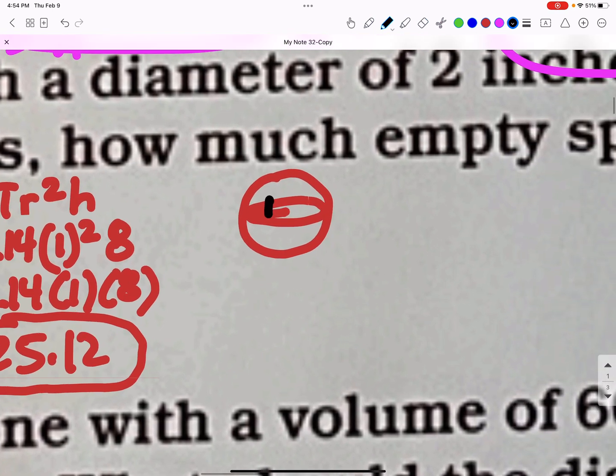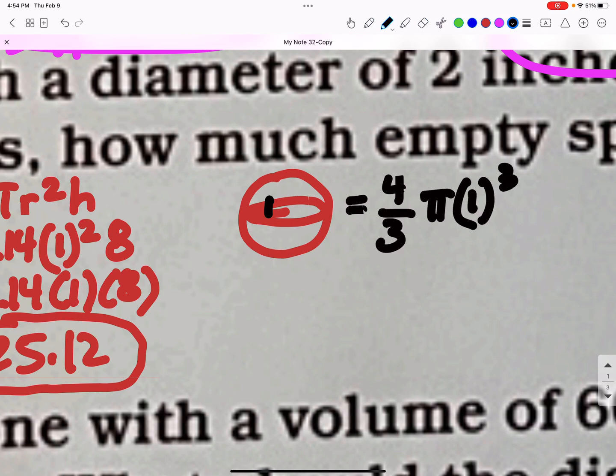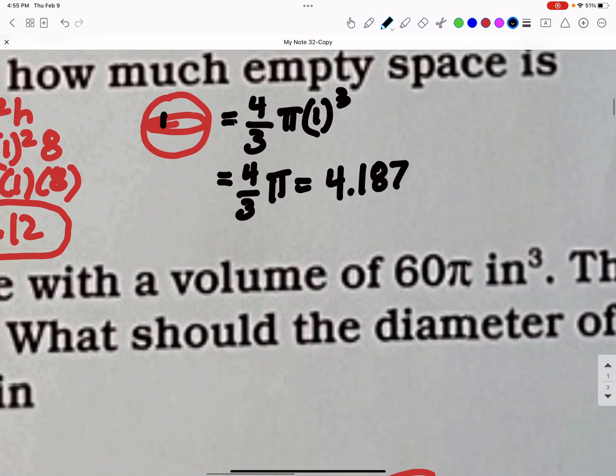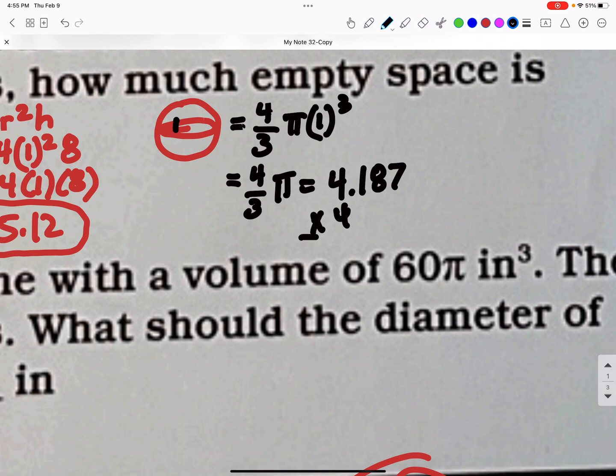So the volume is 4/3 pi times 1, the radius, to the third power. 1 times 1 times 1 is 1, so each one is just 4/3 pi. 4 divided by 3 times 3.14 equals 4.187. But there are 4 of those balls, so I'll multiply by 4, and that's how much space the 4 balls take up. Times 4 equals 16.75.